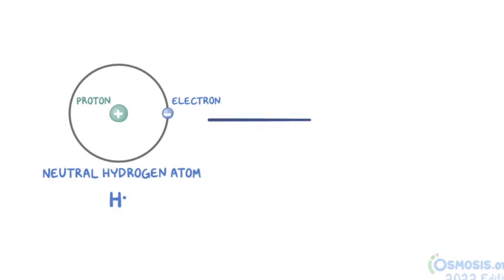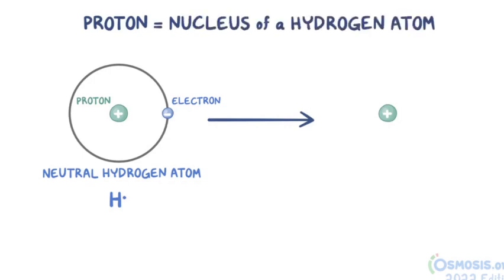If we take this electron away from our neutral hydrogen atom, we are left with a proton. So, in acid-base chemistry, whenever we are talking about a proton, we are talking about the nucleus of a hydrogen atom. Since a proton has a positive charge and is the nucleus of a hydrogen atom, we symbolize a proton by writing H+. We can also refer to a proton as a hydrogen ion.